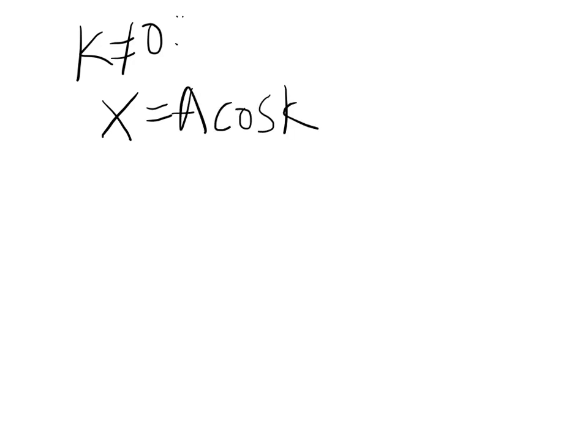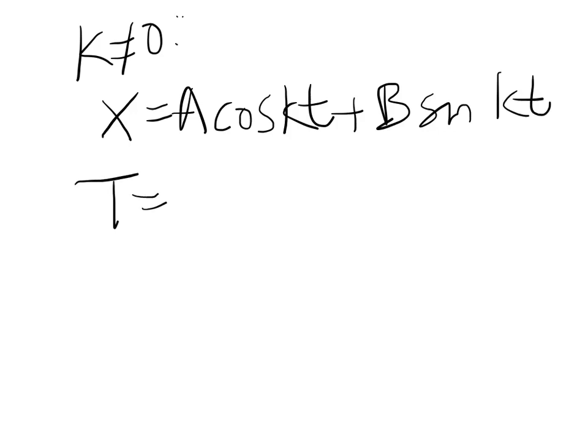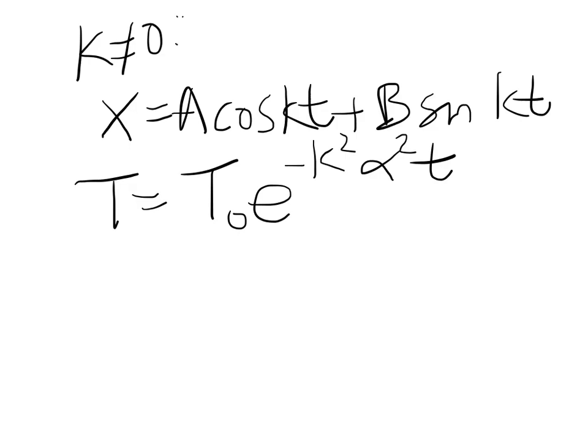This gives us two expressions for X and T in the k not equal to 0 case. So in this case we have X is equal to a cosine kx plus b sine kx, and T is equal to T0 e to the minus k squared alpha squared t. And this is the k not equal to 0 case.